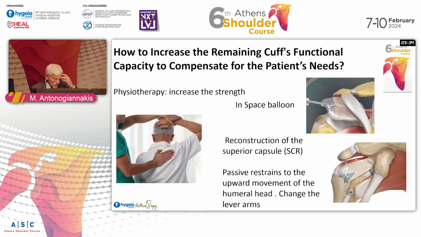So, again, physiotherapy can increase the strength, give better proprioception, give better coordination. We have to use physiotherapy, and we have to explain to the physiotherapists what exactly we want from them.